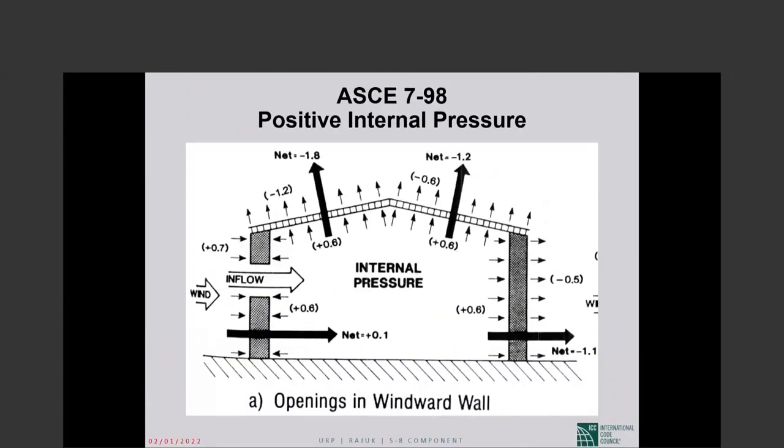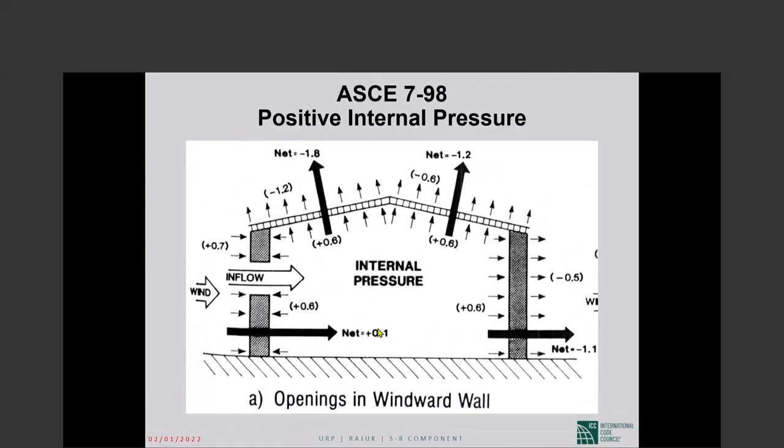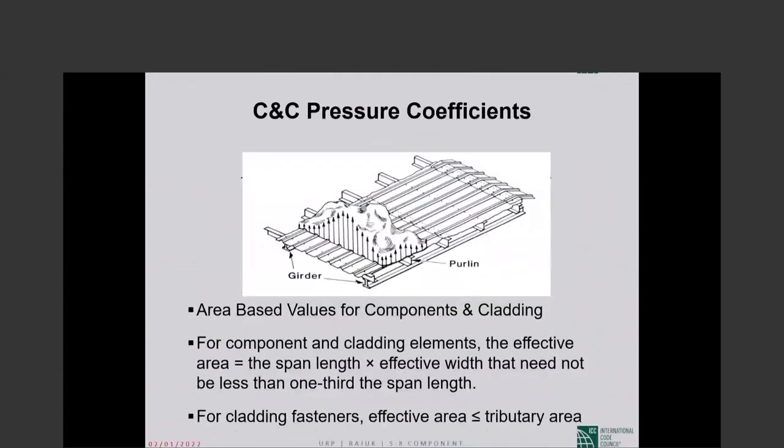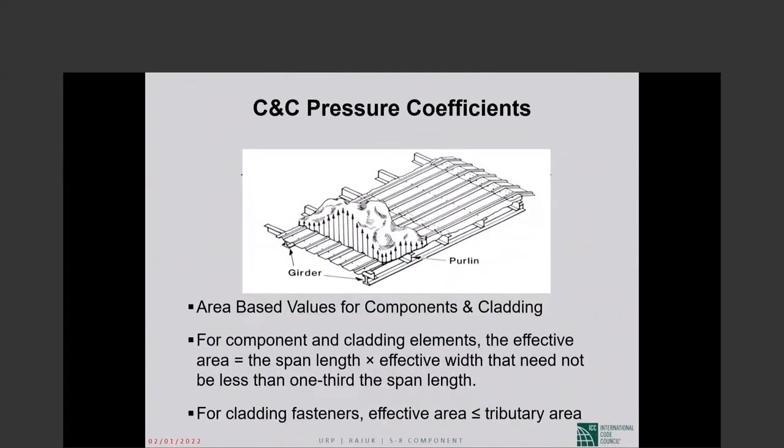Positive pressure gives you a net of 0.1. Anyway, the two pictures are pretty graphic. You will see how the external pressure minus internal pressure, what that comes to, depending upon the direction of internal pressure.